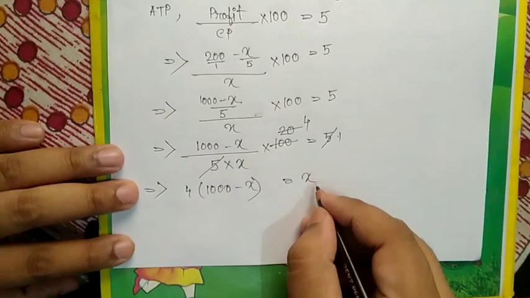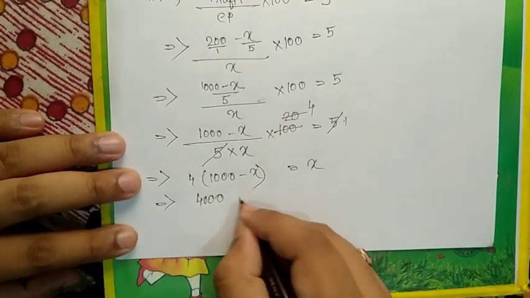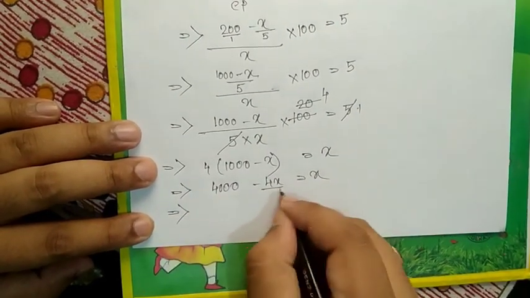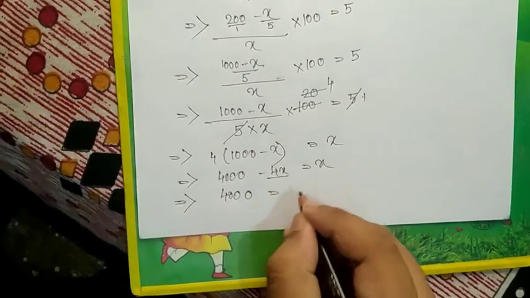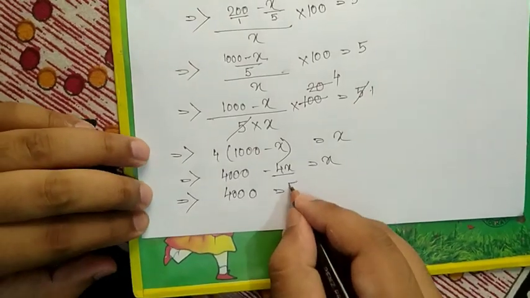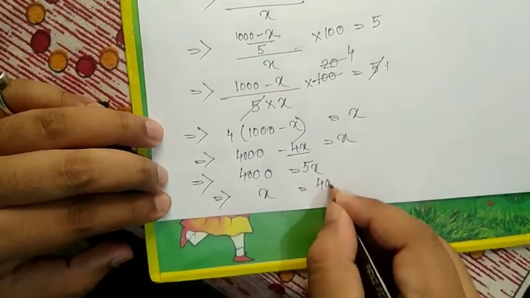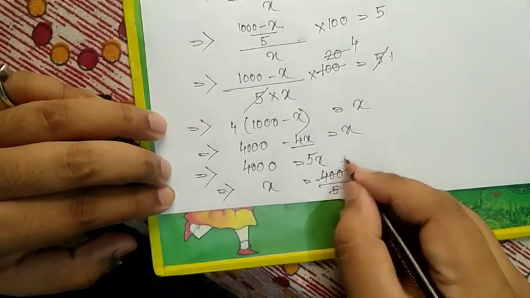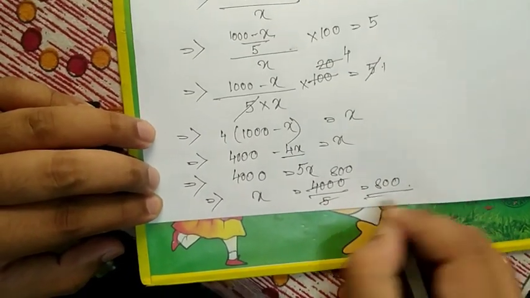So 4000 minus 4X equals X. If 4X goes to the right hand side, it should be positive, 4X plus X, 5X. So X is 4000 by 5, 800. So the CP is 800.